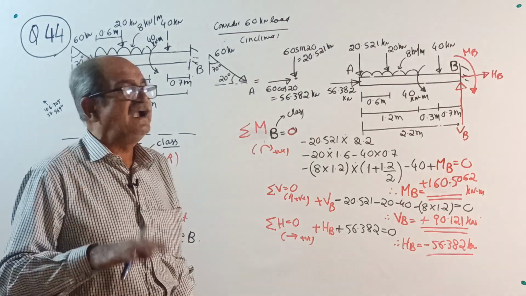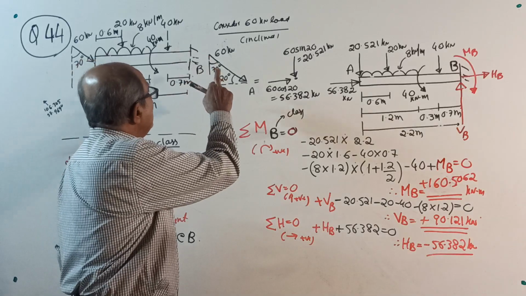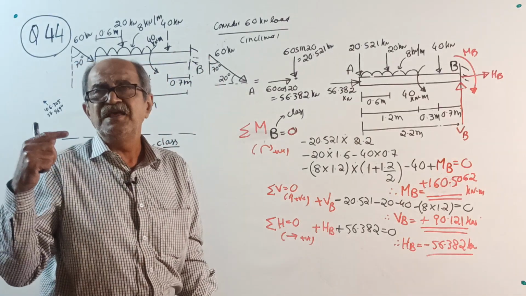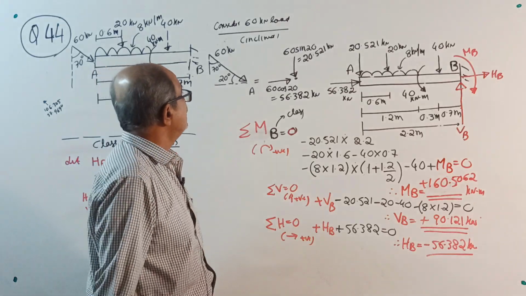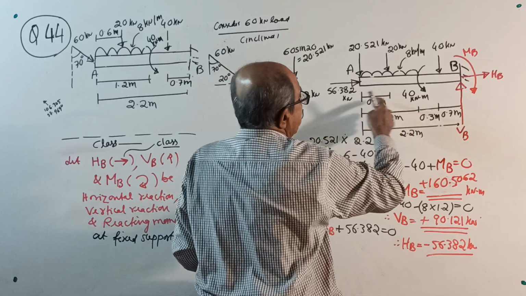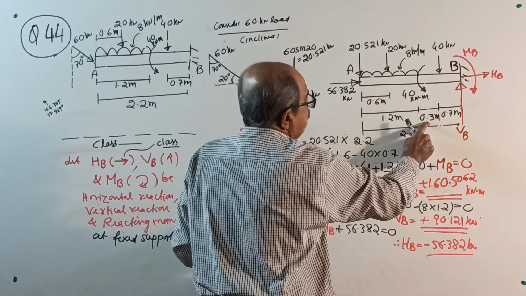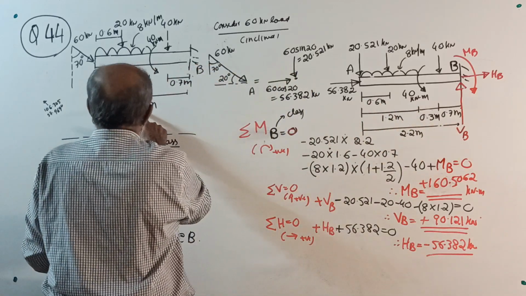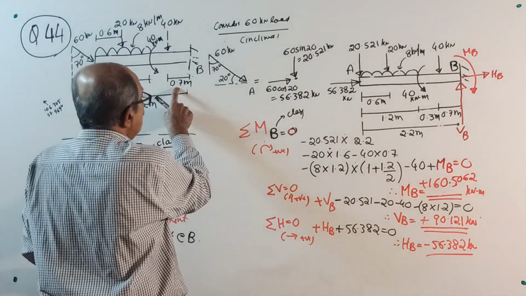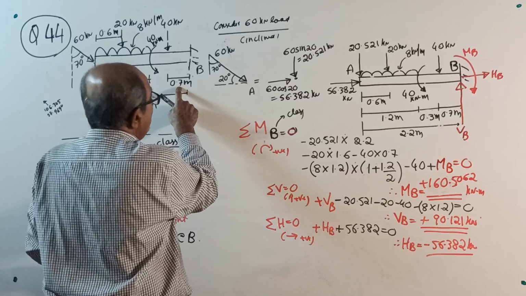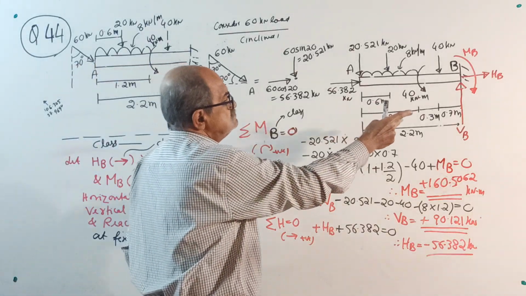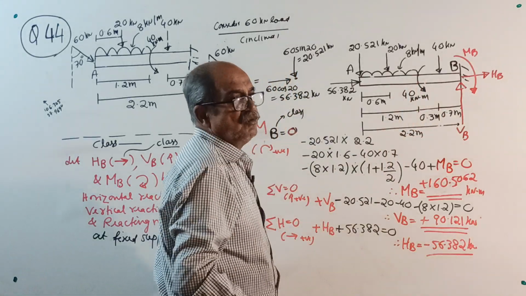For easy understanding, if you consider the angle with the horizontal, then you don't have to think: horizontal is cos, vertical is sin. Now prepare a neat sketch with all the entries. Everything is given there, but this 0.3 is not given. 2.2, 1.2 and 0.7 together is 2.1, 1.9. This is 2.2, so this gap will become 0.3 meter. Okay, fixed up. Now start.